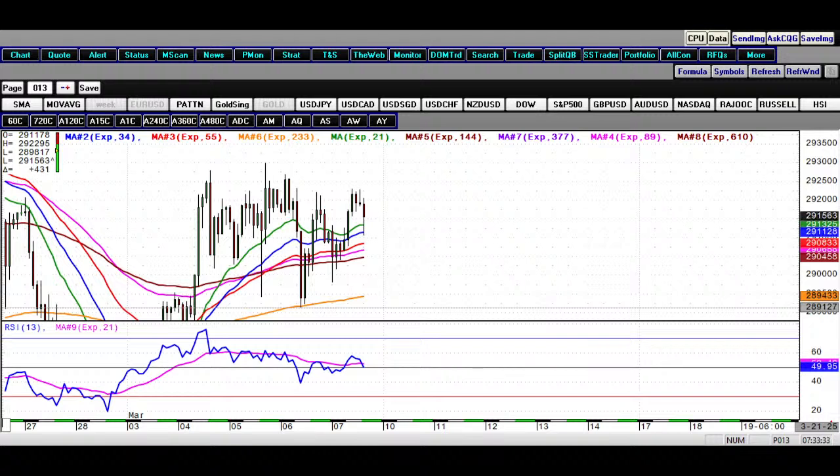Price has to clear 17 half. If it clears 17 half, then it should be bullish. Otherwise, it is still bearish below 17 half.